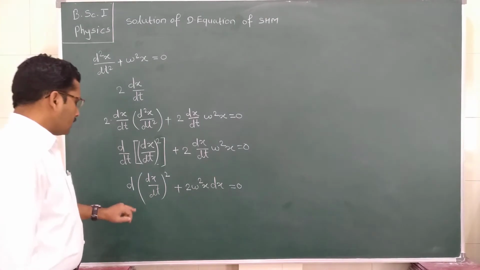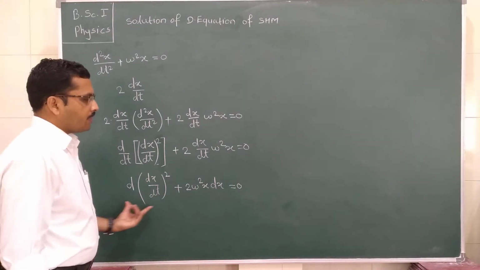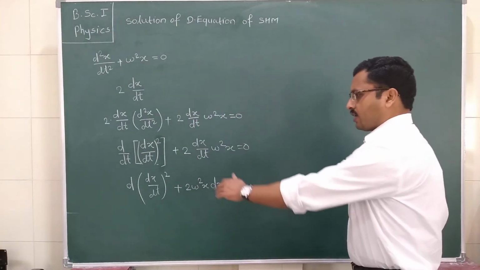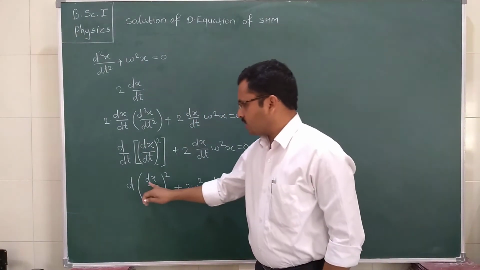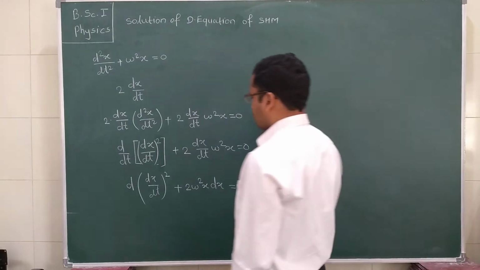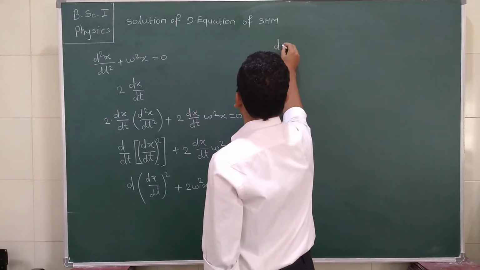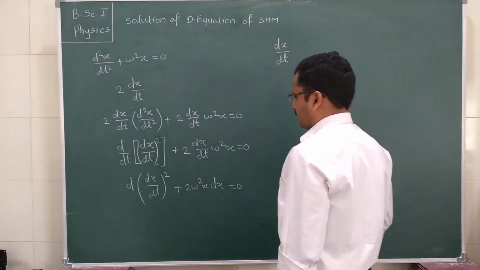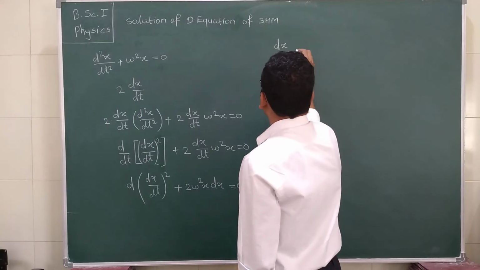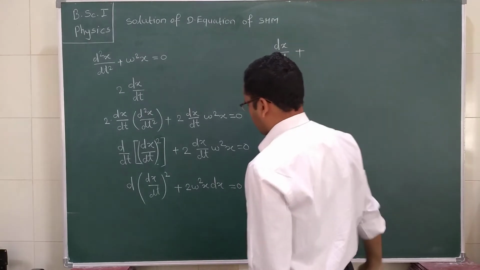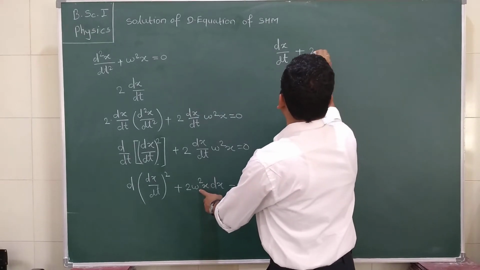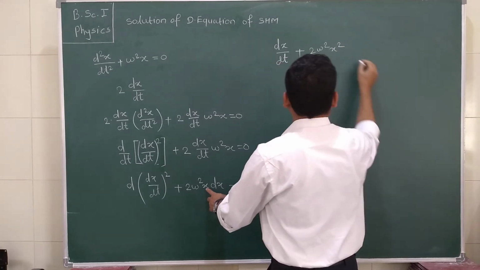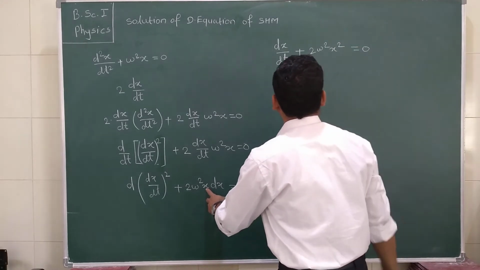Now this is the derivative, so we are going to integrate this equation. By integrating this equation we get dx by dt squared plus twice omega square x square is equal to 0.